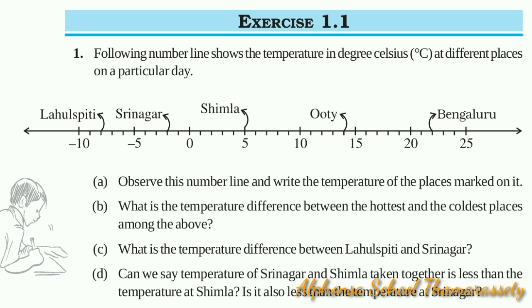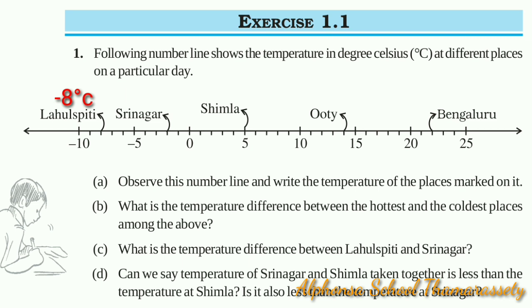Srinagar is marked at the position of -2, so the temperature at Srinagar is -2 degrees Celsius. The last one is Lahul Spiti. After -5 it will be -6, -7, -8. Lahul Spiti is marked at -8, so the temperature at Lahul Spiti is -8 degrees Celsius.